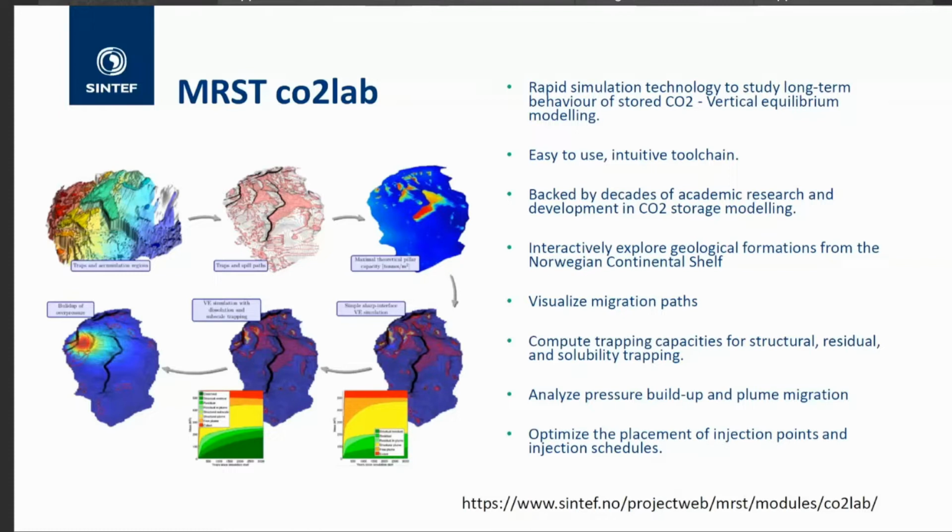And we have quite an intuitive tool chain, so we can go from looking at large-scale regional CO2 storage estimates, if you wanted to pick a reservoir out of a large set of things that you wanted to model very quickly, to more detailed static capacity estimates for a specific reservoir, and then we can also do some dynamic capacity estimates, and we have tools for doing that as well.